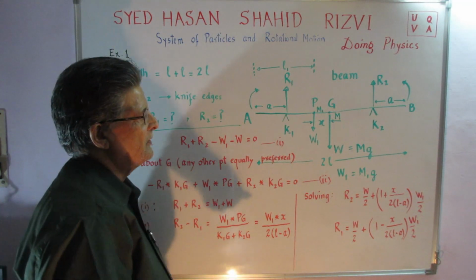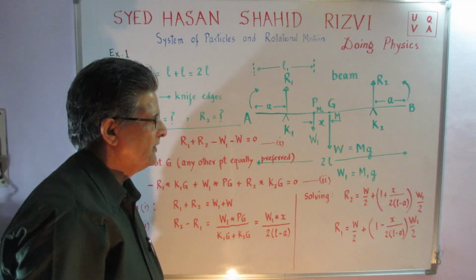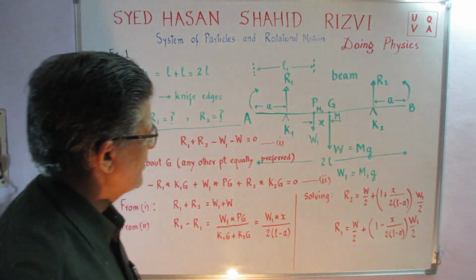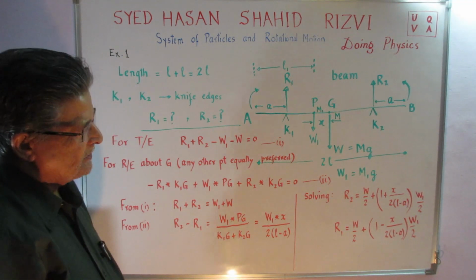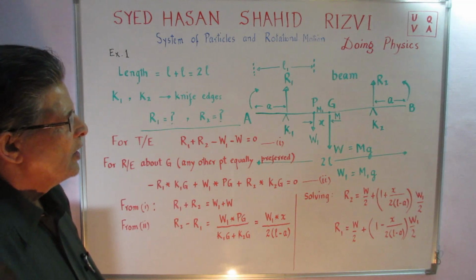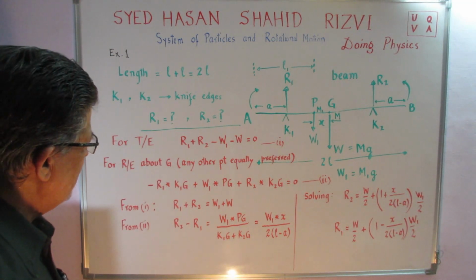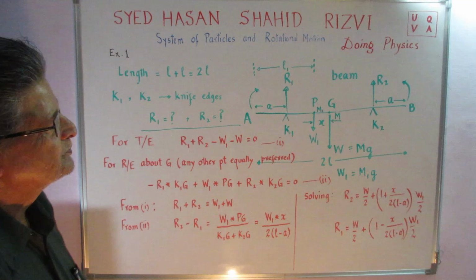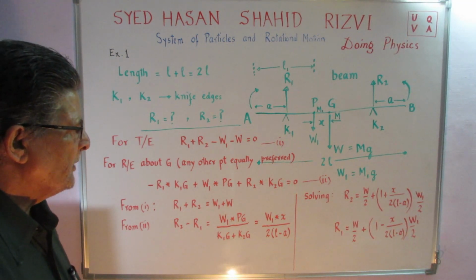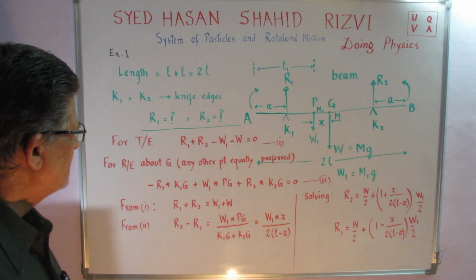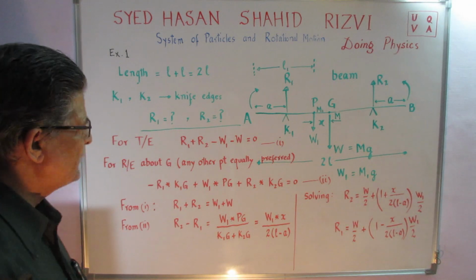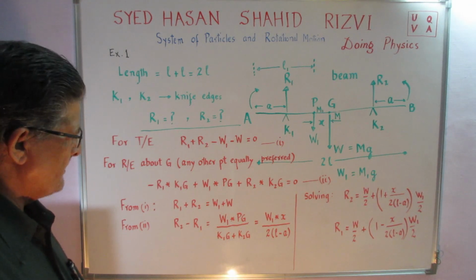So I have a weight W1 which is equal to m1 into g. Now with that, we have a balance, an equilibrium. What kind of an equilibrium? It is a dual equilibrium, the translational equilibrium as well as rotational equilibrium.